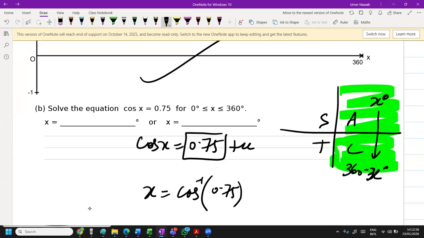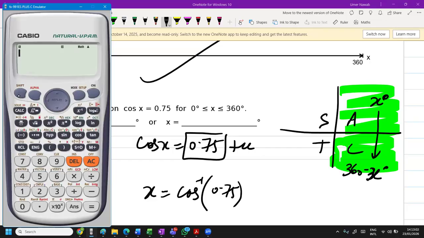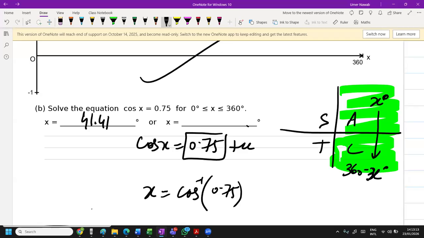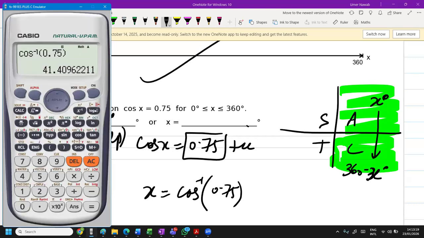Let's get our answer from a calculator. Shift cosine of 0.75. This gives me 41.41, or 41.4 to one decimal place. Second, use this answer as ANS.